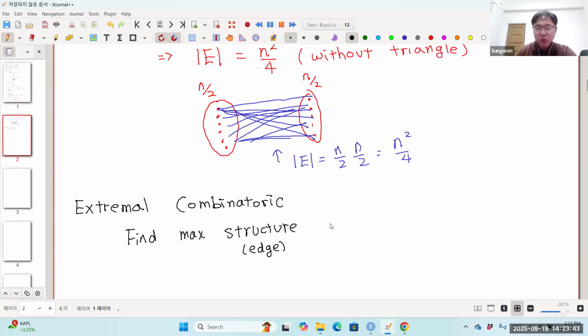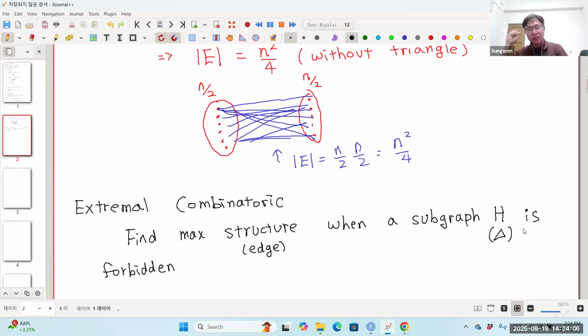Maximum number of a structure when a subgraph H is forbidden. In Mantel's theorem, the subgraph H is the triangle. So Mantel's theorem is basically to find the maximum number of edges when the subgraph triangle is forbidden.